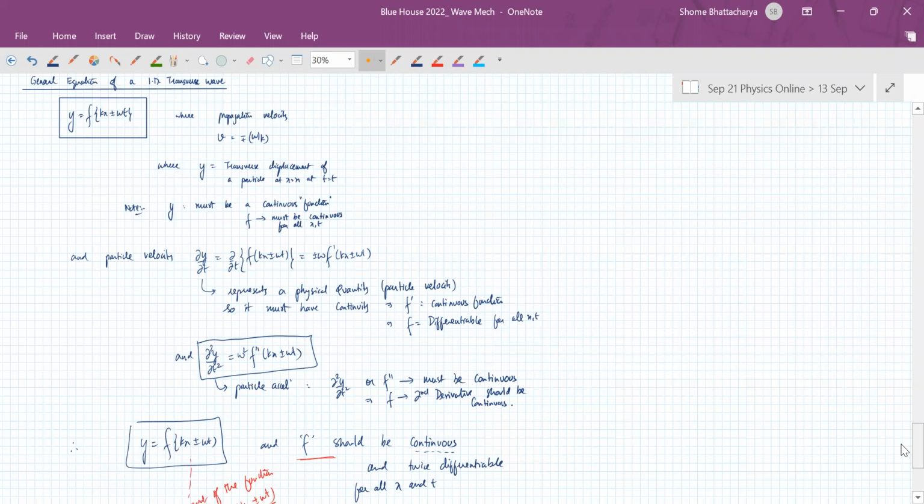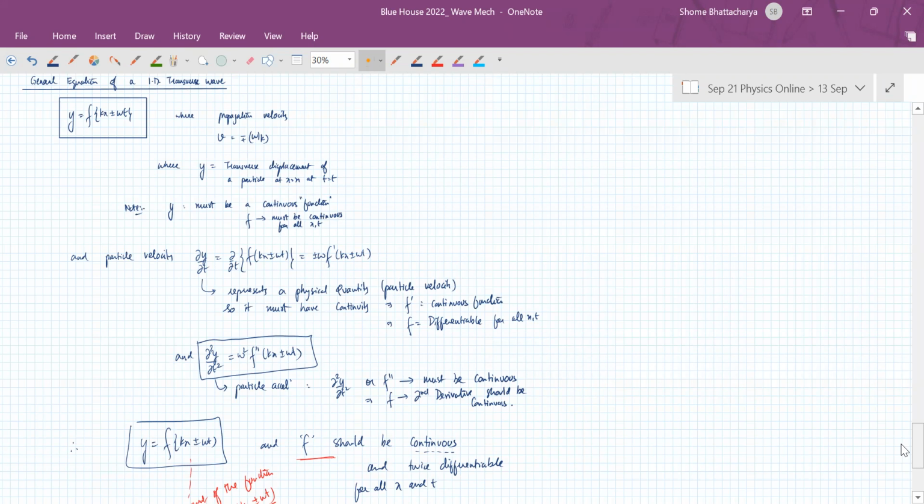And similarly, if the second derivative is also continuous, the function is twice differentiable. Hence, in conclusion, not only does the argument of the function have to be of the type kx plus minus omega t, but the function f has to be continuous and twice differentiable for its entire domain. That means the value of the function, its derivative, and its second derivative must be well defined for all values of x at all values of time.